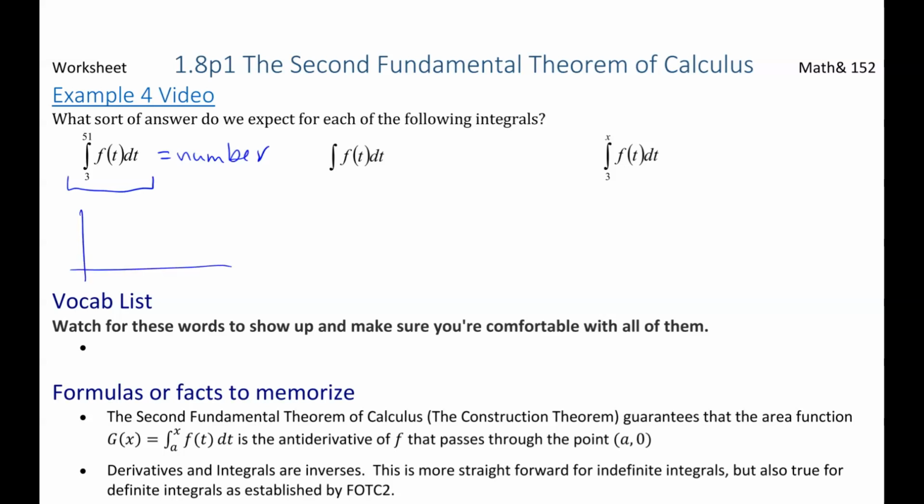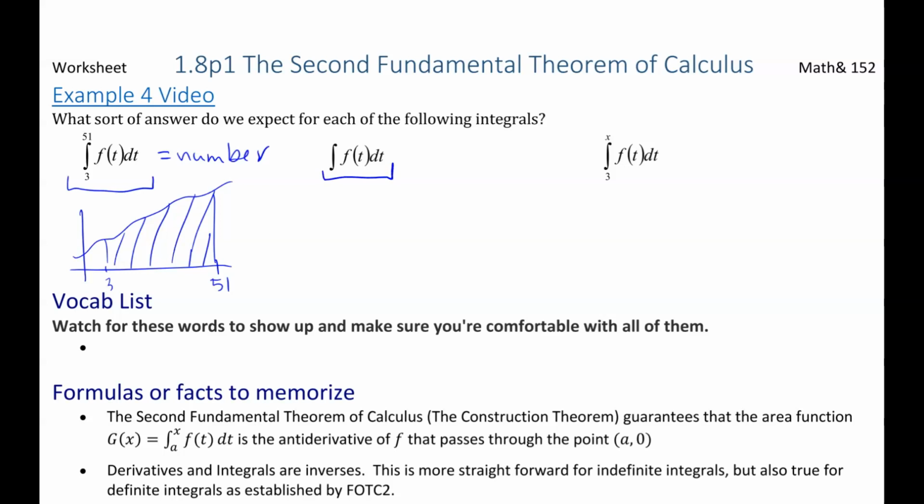So we don't really know what this looks like, but say it's going along, and this is 51, and this is 3, and this will give us the numerical value of that area. There's some subtleties. If your curve goes below the axis, then it's sum and difference of areas. But this idea that that represents a number, and the number is tied to information about area trapped between little f and the t-axis in this case.